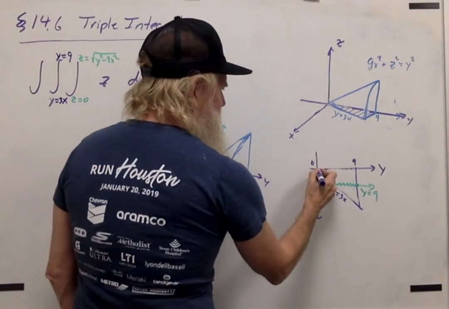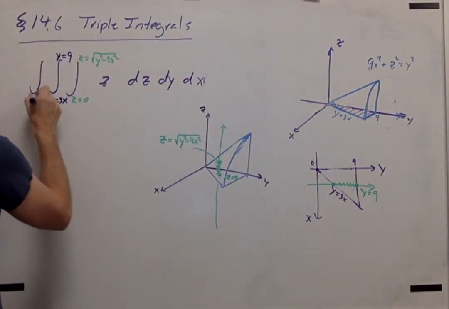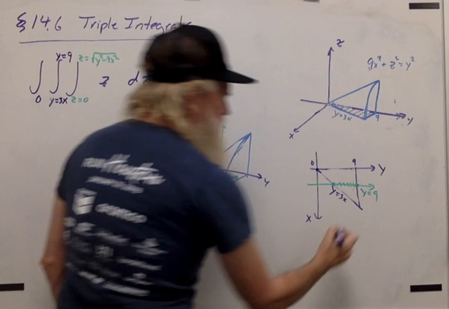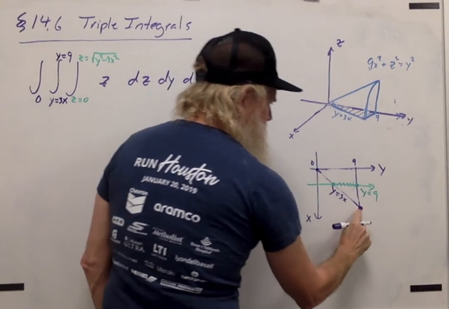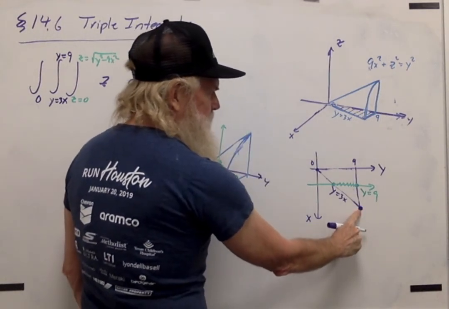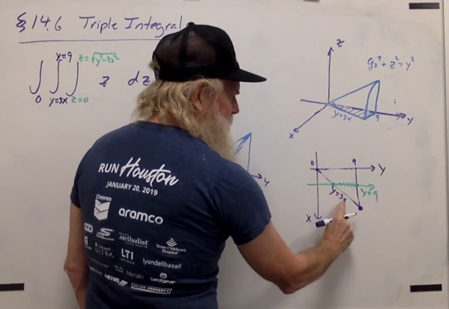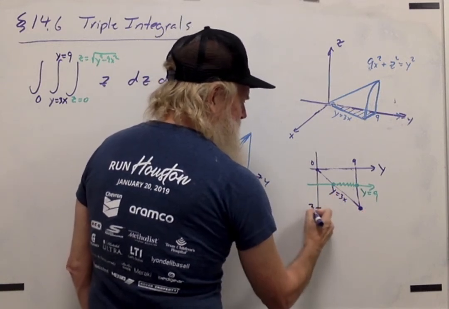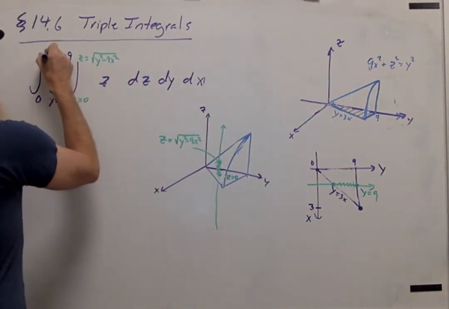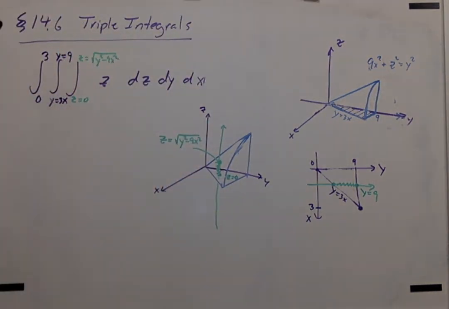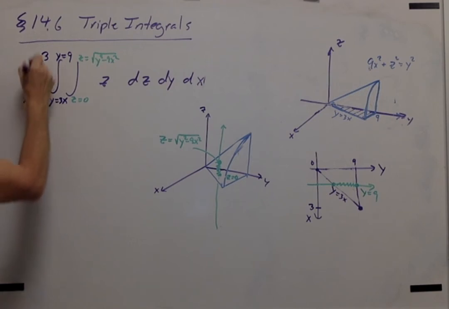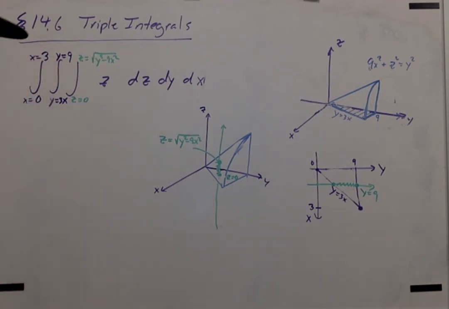Notice that the smallest value of x in the region is 0, and the biggest value of x in the region is this point right here. But if the y-coordinate is 9 at that point, then that means that the x-coordinate has got to be 3. So I'd be going from x equals 0 to x equals 3.